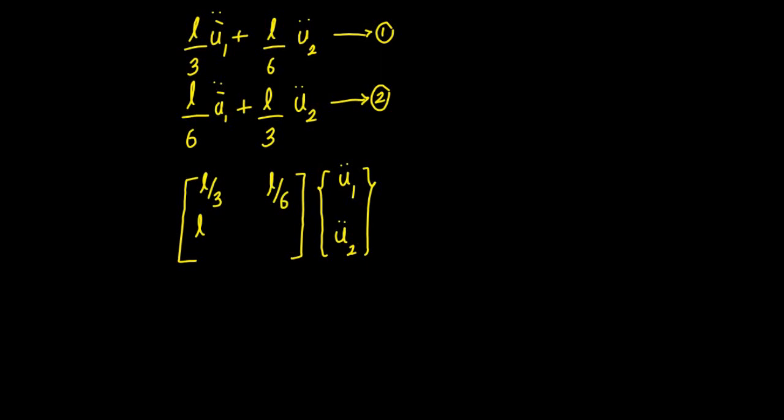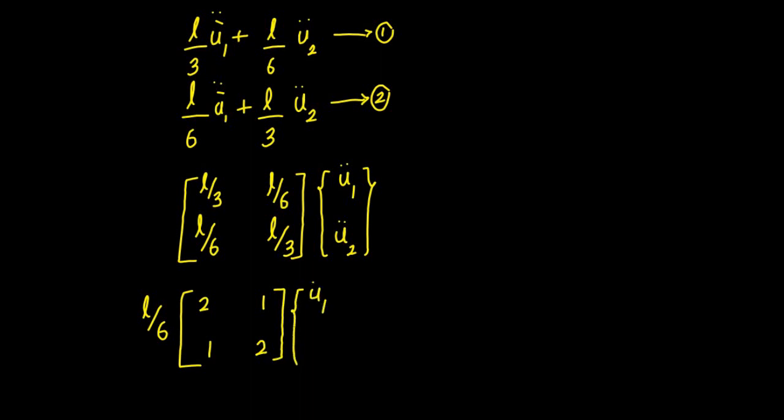It's L by 6. And what is the coefficient of u2 double dot in the second equation? It's L by 3. Now I can take L by 6 common outside the matrix, and I get 2, 1, 1, 2 into u1 double dot, u2 double dot.